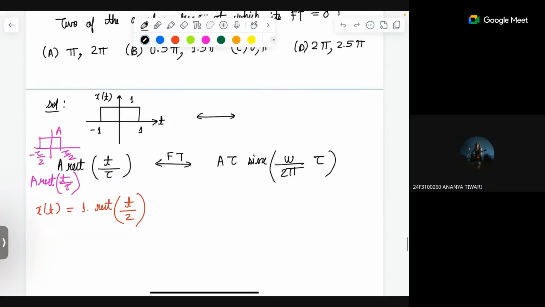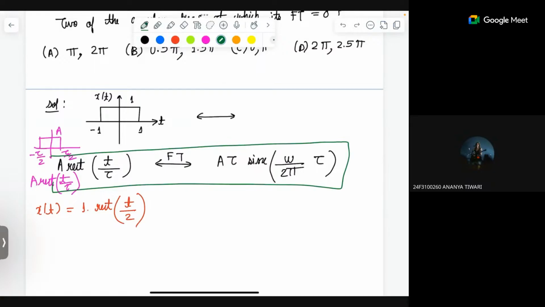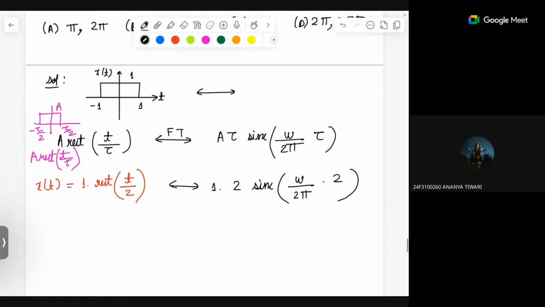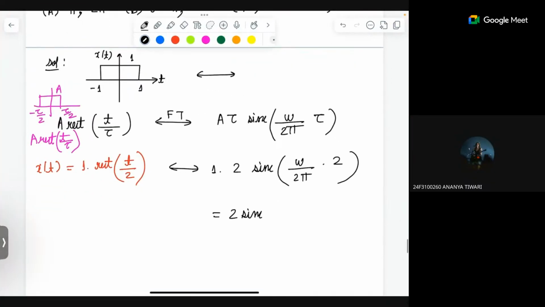And we know this Fourier transform pair: A rect t by tau is equal to A tau sinc f tau, or omega by 2 pi. So let us write the Fourier transform. A is 1, tau is 2, sinc omega by 2 pi into tau, which is 2. So what we have, the Fourier transform is 2 sinc omega by pi.